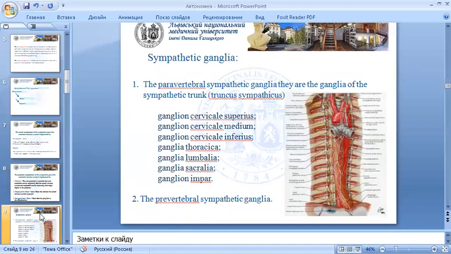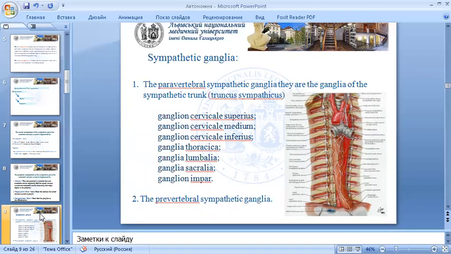So what are the ganglia of the sympathetic nervous system? They are divided into paravertebral and prevertebral. Paravertebral ganglia lie on both sides of the vertebral column and create the sympathetic chain, which is called the sympathetic trunk or truncus sympathicus.